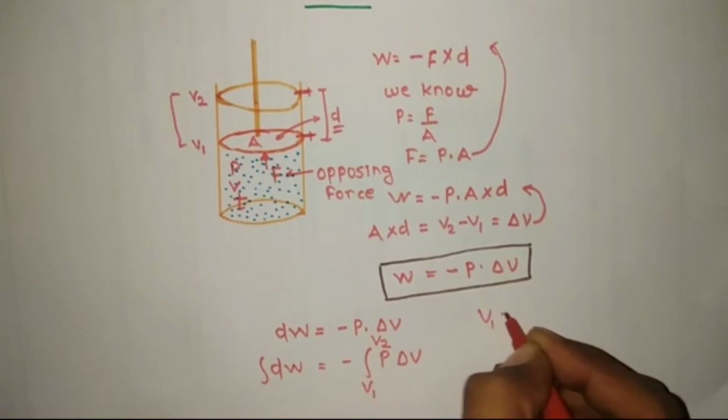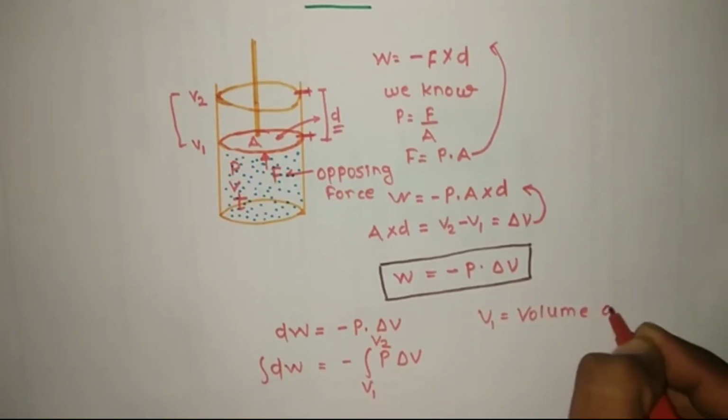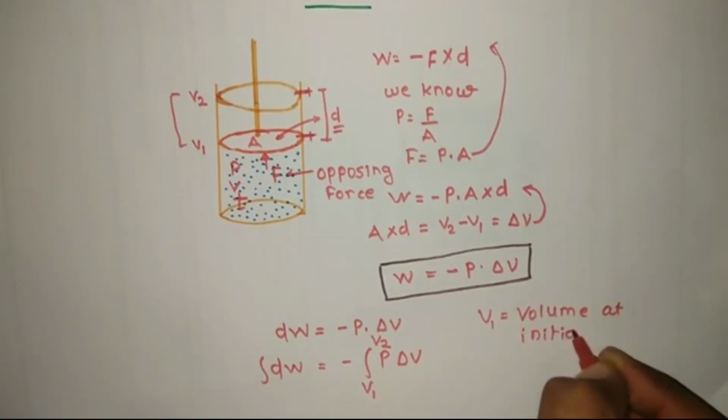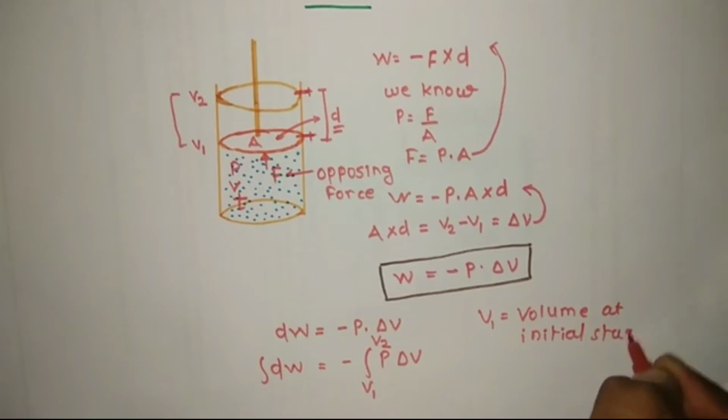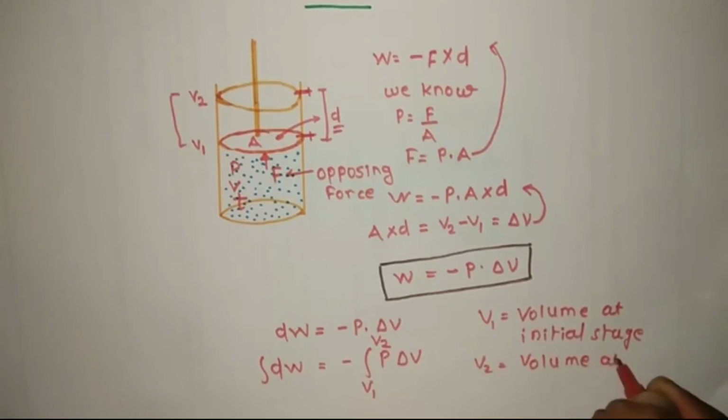V1 is the volume at the initial stage, and V2 is the volume at the final stage.